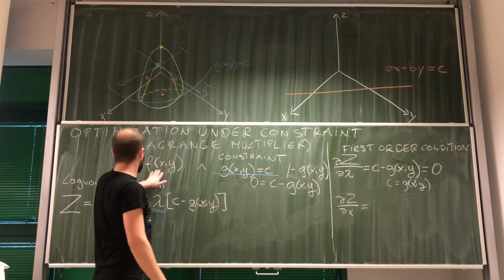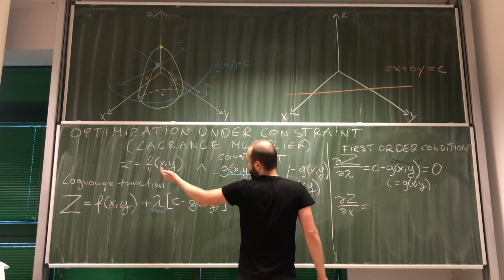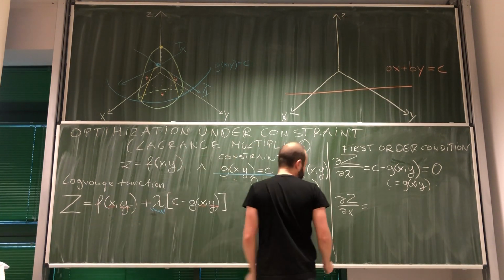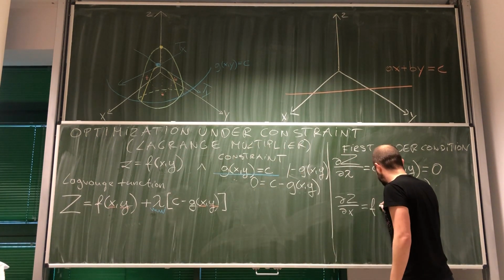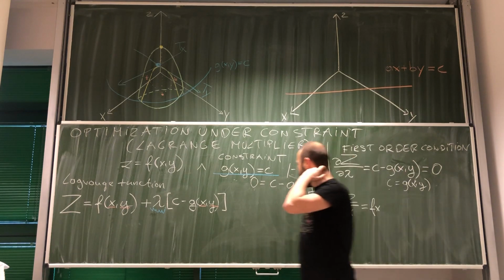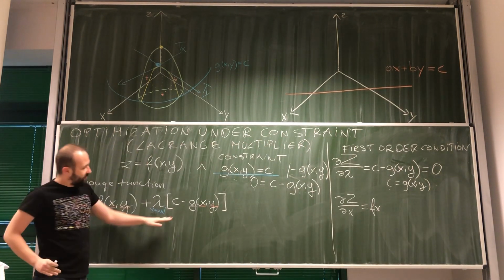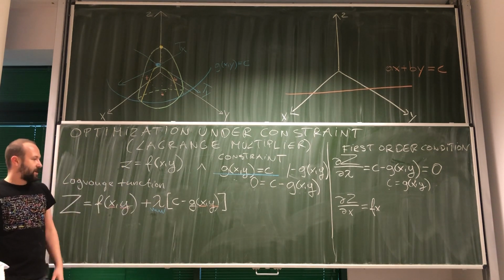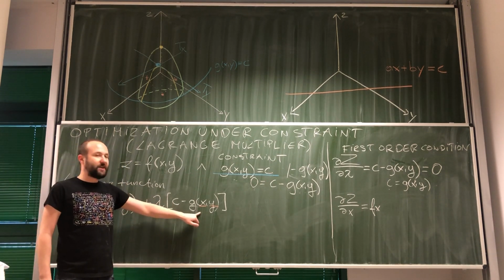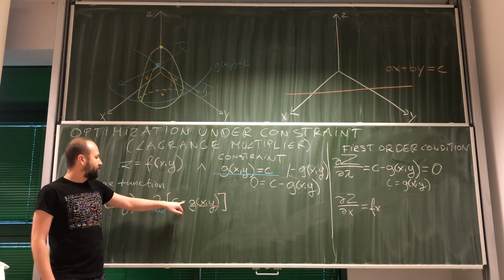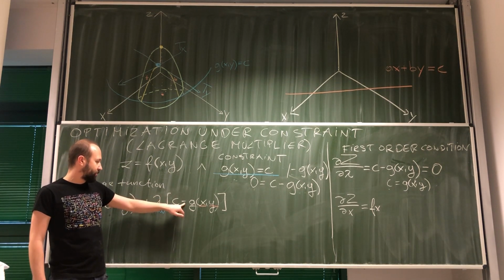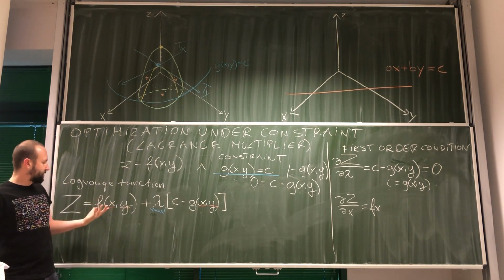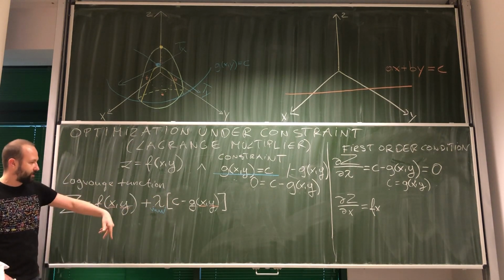Okay, then we calculate the partial derivative with respect to x. So, we will get out of this the partial derivative of f with respect to x, so f_x. And now look, if I'm differentiating function g with respect to x, I'm going to get the partial derivative g_x. But we have minus up front of this function and lambda, because c is a constant, so we don't care about it.